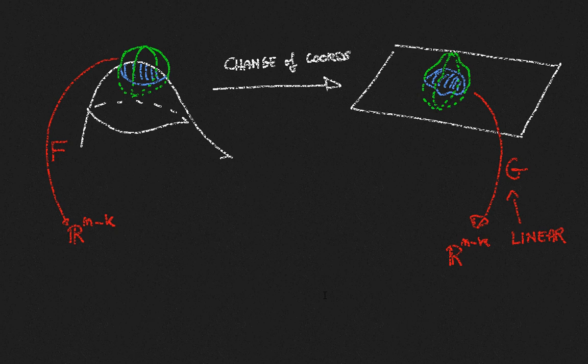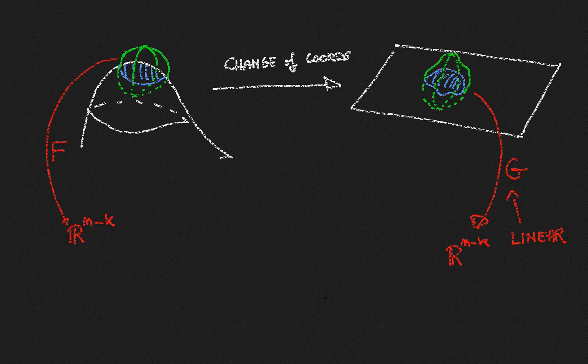And for an affine subspace or a linear subspace, the tangent space is the space itself. So if your space is already straight, linear, the tangent space is the space itself, because every direction can be obtained just by the straight line going through that direction. So on this side, the tangent space is clearly Rk, so it has to be also on this side, because this change of coordinates gives you a correspondence between the tangent space here and the tangent space here.